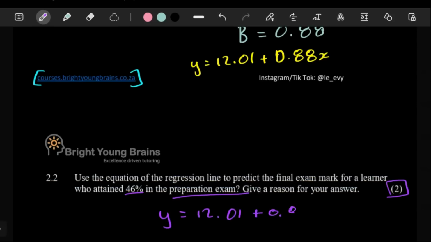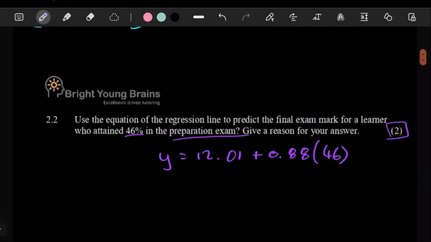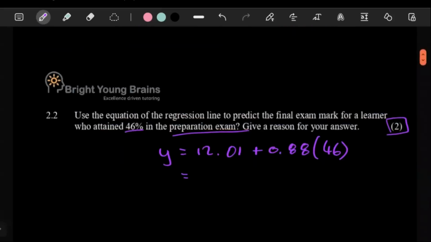So this is 0.88. x is like 46%, right? Okay, let's do what we gotta do. 12.01 plus 0.88, and then multiply by 46. This is giving us 52 point something, 52.49.